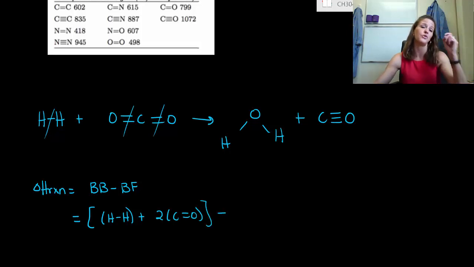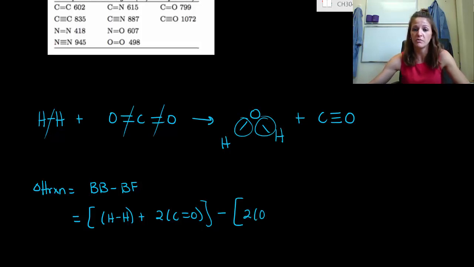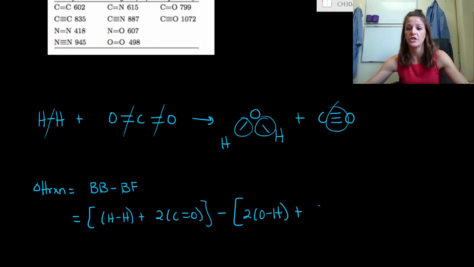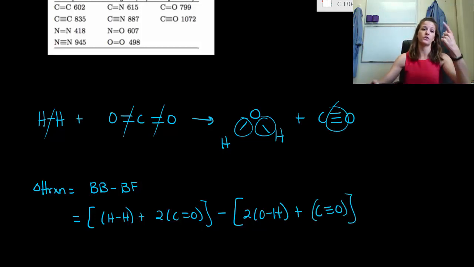Yes, it is very important that you keep track of if it's single, double, whatever, okay? So bonds broken minus bonds formed. We're going to create two oxygen-hydrogen bonds and one carbon-oxygen triple bond. Okay, so that is your second step.